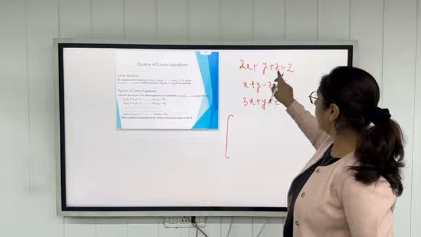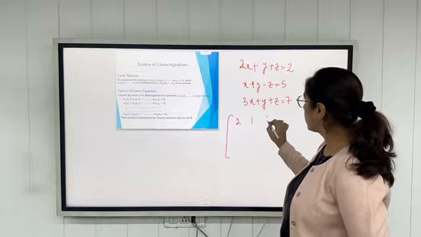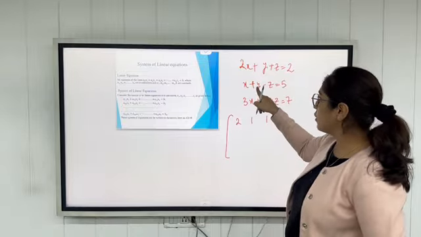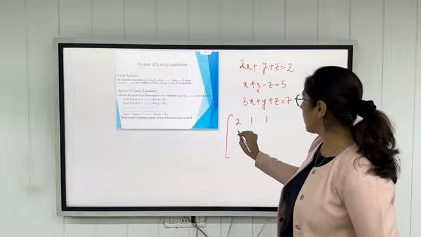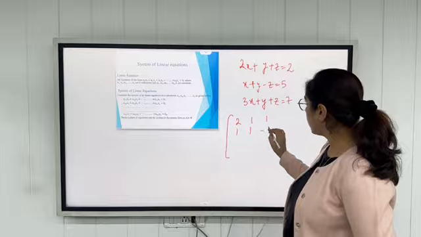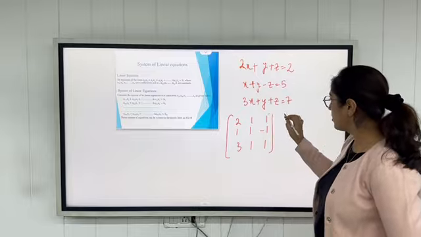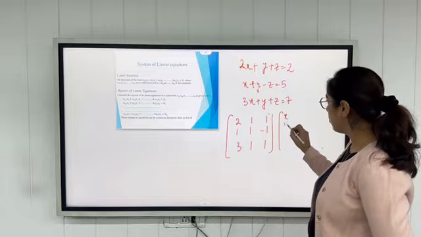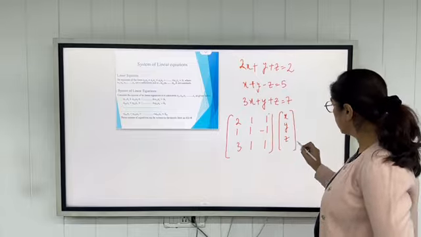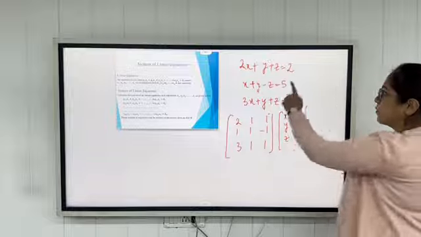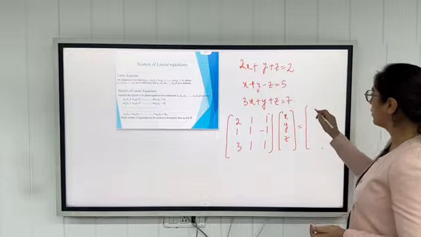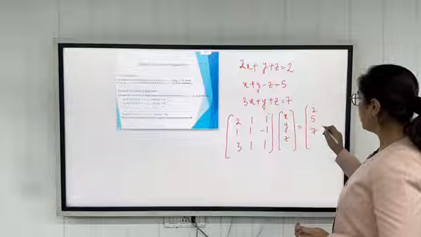2, 1, 1, then 1, the coefficient of y here is 1 and here it is minus 1. So 1, 1, minus 1, 3, 1 and 1. Then this x, y, z, and these values 2, 5 and 7.